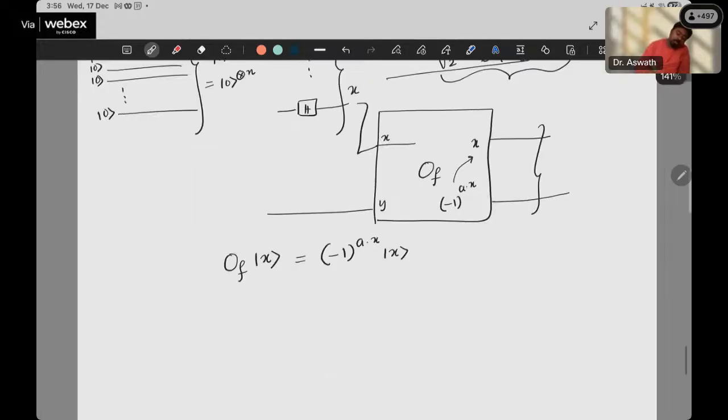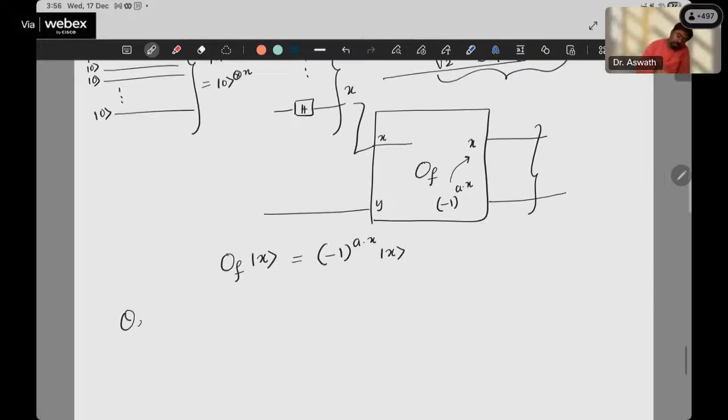What is the effect of the oracle function acting on the equal superposition? I have 1 by square root of 2 to the power of n, summation over x belonging to {0,1} tensor n, ket x. On this, what is the effect?